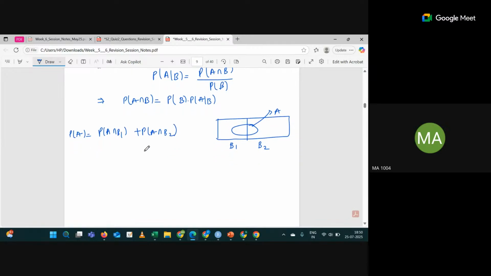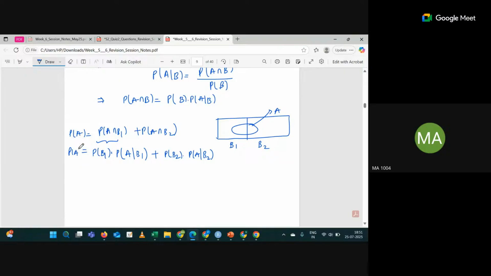Can I say or not? And how will you calculate the probability of A intersection B1? It is probability of B1, and given B1 has occurred, the probability of occurrence of A, plus probability of B2 times probability of A given B2. So far so good?